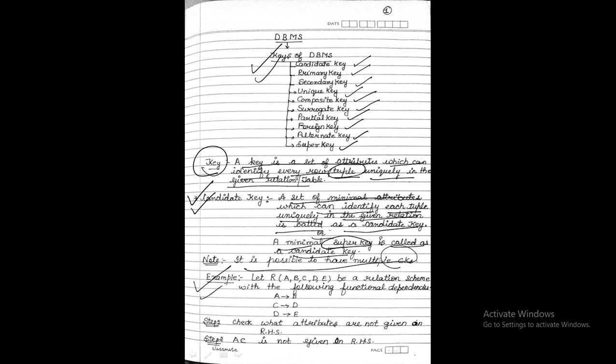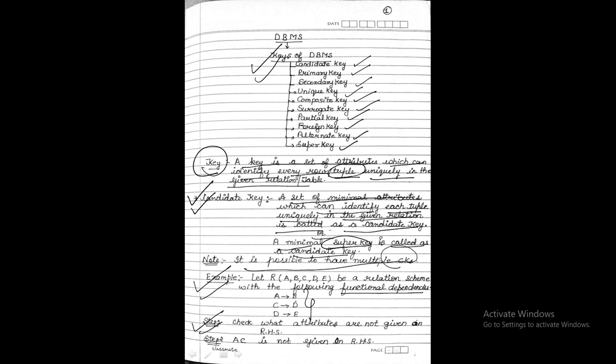For example, we have a given relation A, B, C, D, E. In this relation, we have the functional dependencies A implies B, C implies D, D implies E. First step, we have to check on the right side which attributes are not given.